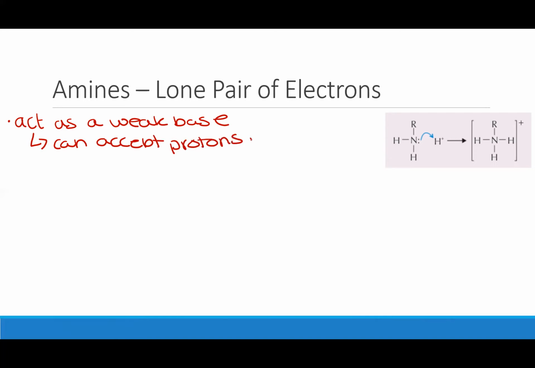That is because there is a lone pair of electrons, as you can see on here, on the nitrogen atom, and that can form a dative covalent bond, which means a coordinate bond, with the hydrogen ion here. So we get this dative covalent bond forming.